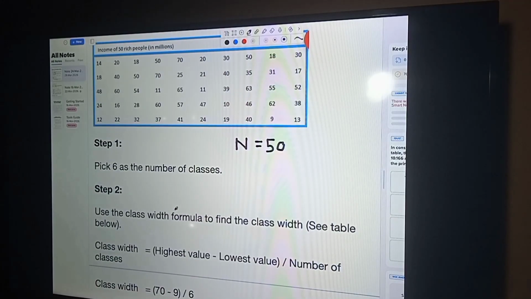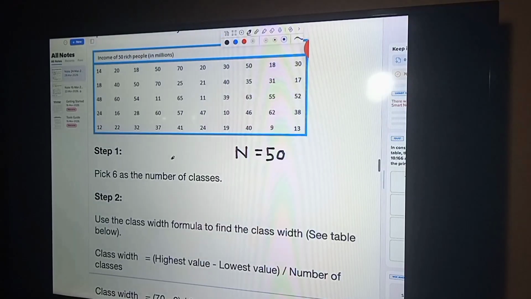Step 1 is about how many classes we are going to take. Here I have written pick 6 as the number of classes. That is, I have decided on my own, because I have an option that I can take classes from within this range.